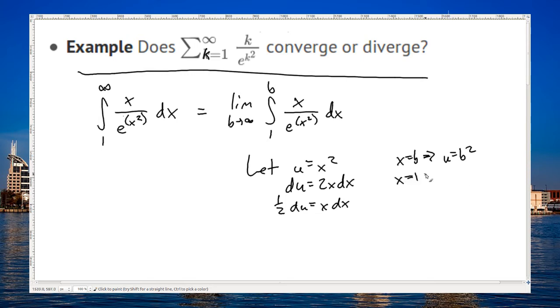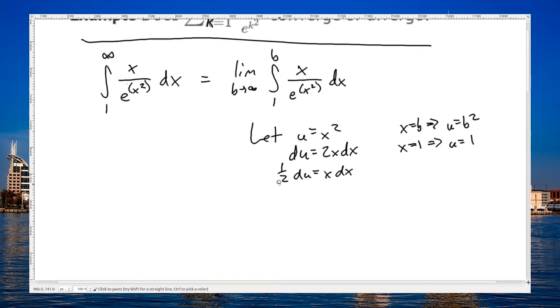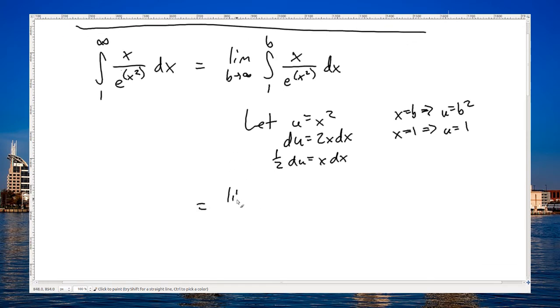If x is equal to 1 on the bottom here, then u is equal to 1 squared, which is 1. So I get the limit b to infinity from 1 to b squared. x dx becomes 1/2 du, 1/2 over e to the u.